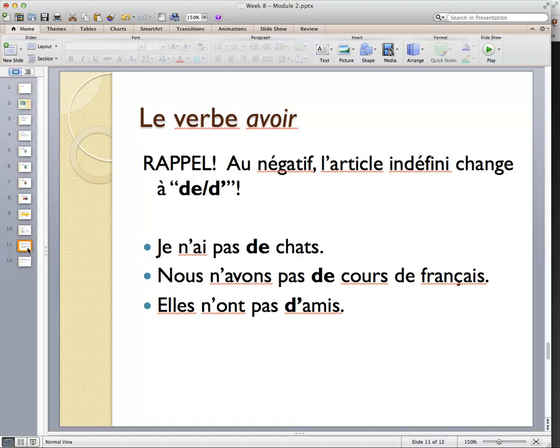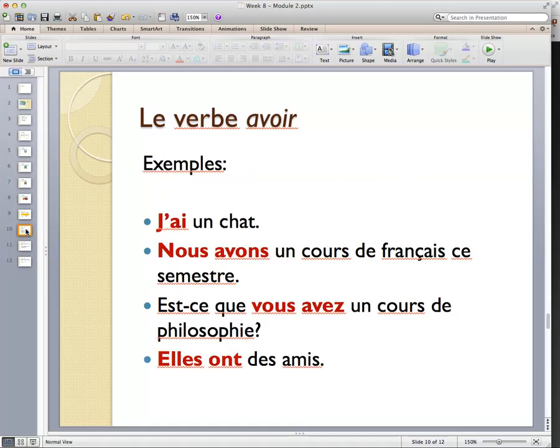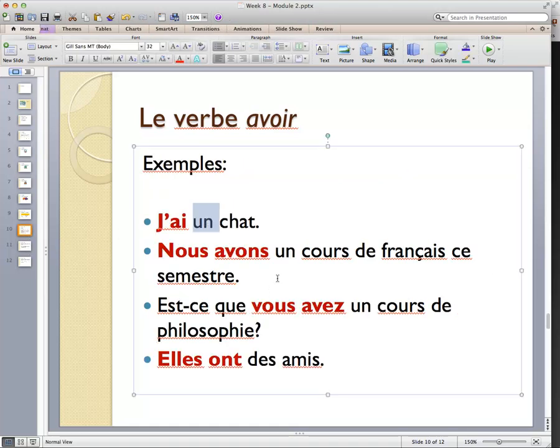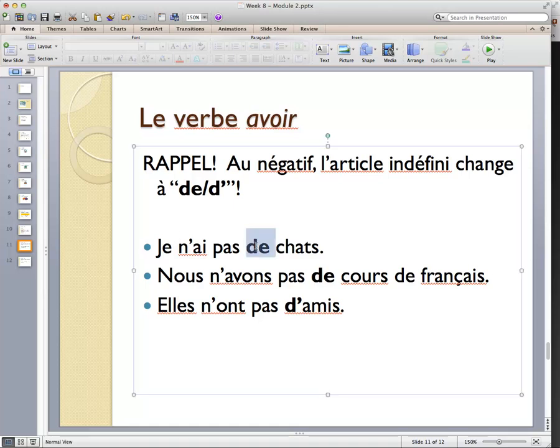Nous n'avons pas de cours de français. Or with a vowel, elles n'ont pas d'amis. So again, in the affirmative, I always use an indefinite article. In the negative, that indefinite article changes to de or d apostrophe.